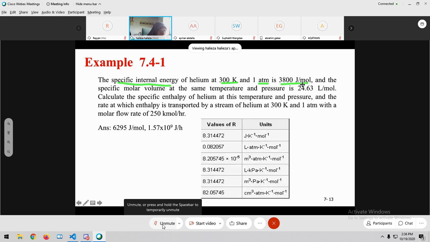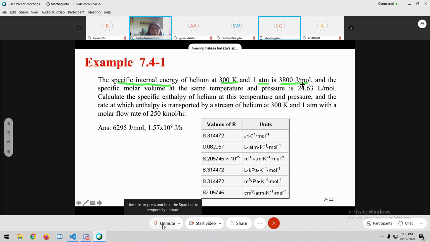You can have a look at the slide, or use your textbook to look at the problem. The specific internal energy is equal to 3,800. The unit is joules per mole. Your temperature is 300 Kelvin. The pressure is 1 atm.